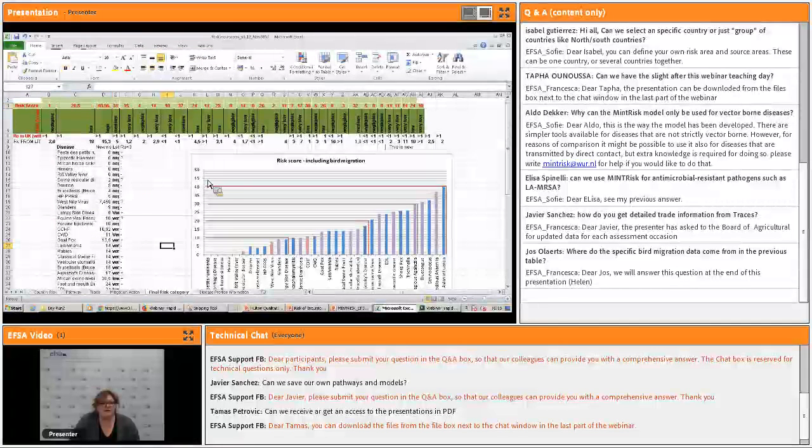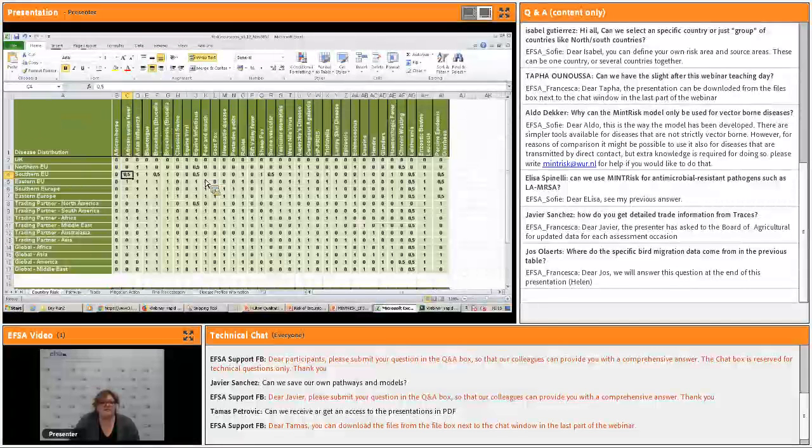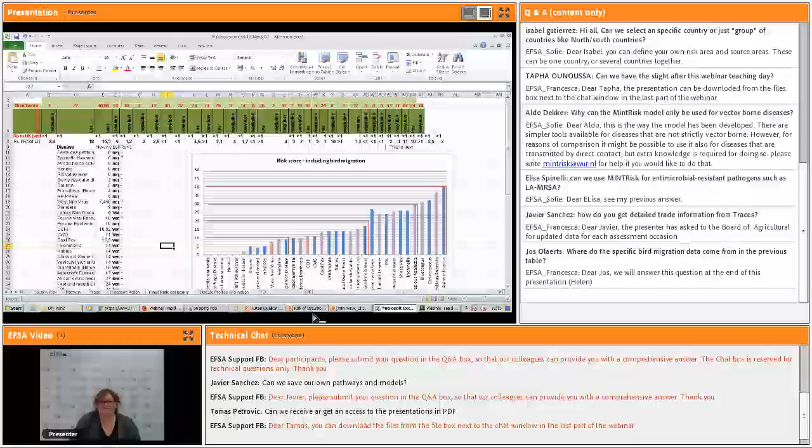So to show you where it would work, I'm going to pick on African swine fever and say that disease is present in wild boar and backyard herds in the western part or northwest of the EU. So I'll put that up to a 0.5 score. And if we go to the final risk category, you'll see that it jumps up immediately to still a low risk, but it's getting up towards that medium risk barrier.